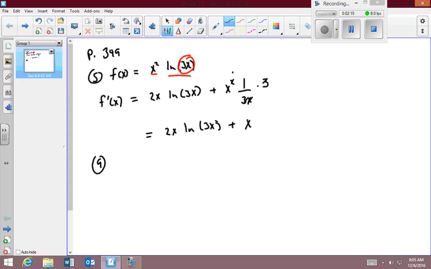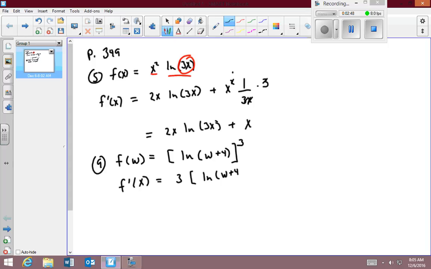So 9 is f of w, this is ln of w plus 4, cubed. When you take the first derivative, it's going to be that bracketed item. So there's a 3 that comes out in front of the bracket, ln of w plus 4, and then you drop that 3 to a 2.